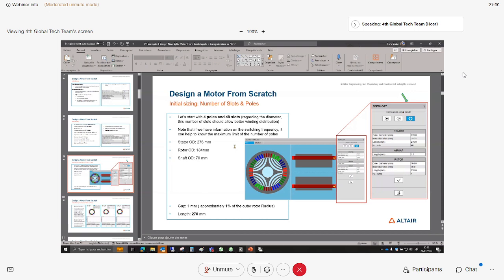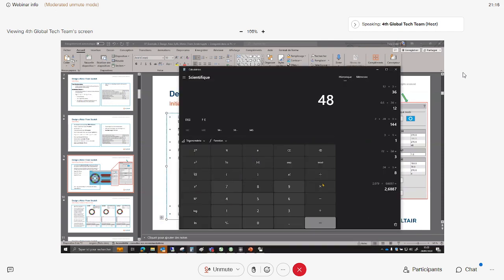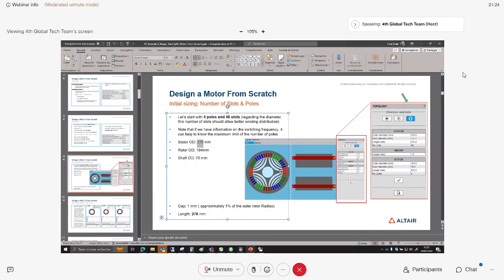Then when I have the outer diameter of the stator, we will have enough room to have 48 slots. So here, if we make 48 divided by 3 divided by 4, we will have 4 slots per phase and per pole.